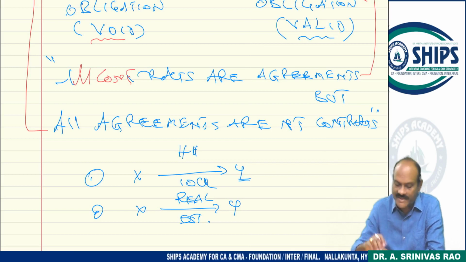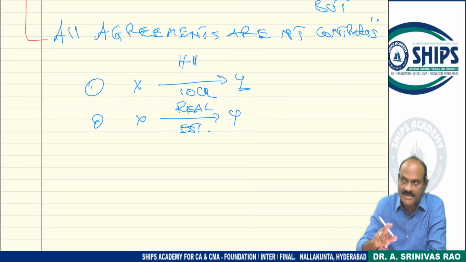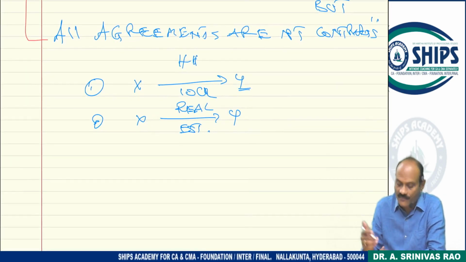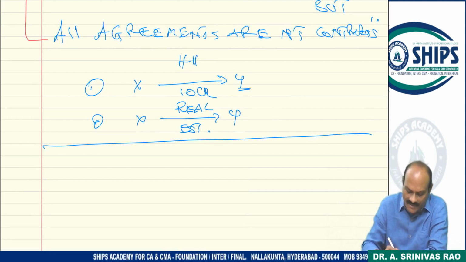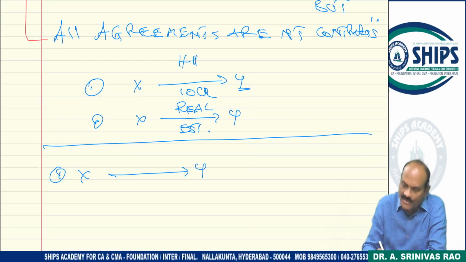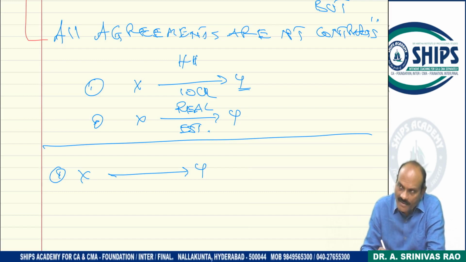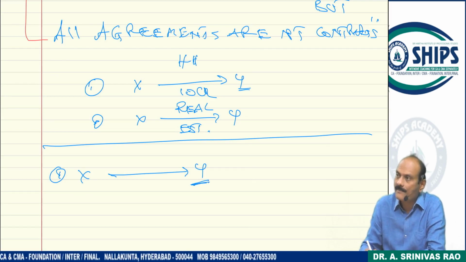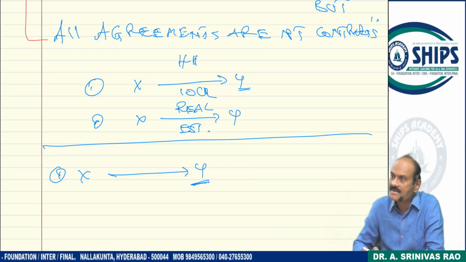Next one, all agreements are not contracts. For that, what examples can you write? X made a proposal to Y. Mr. Y, shall we go for a picnic? He said yes. On the stipulated date, if Y fails to come, can X file a case? No. Social obligation.